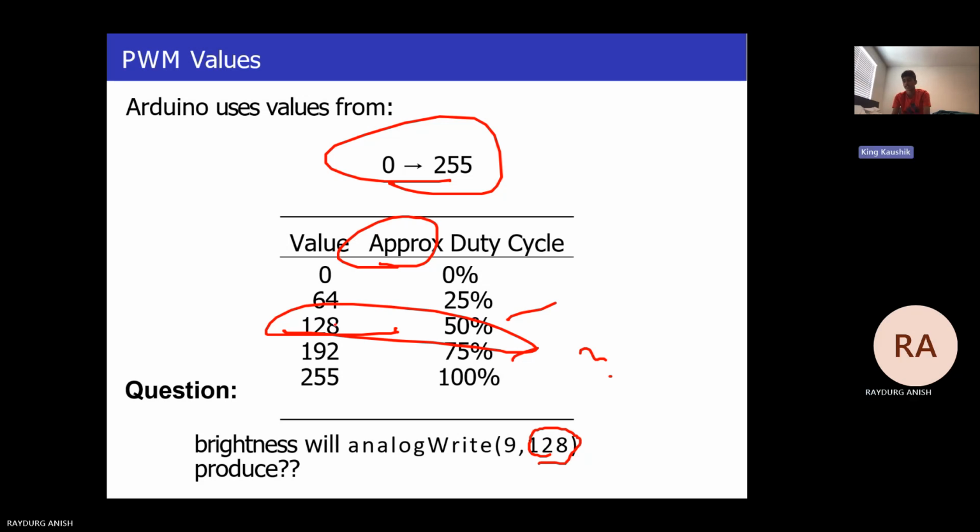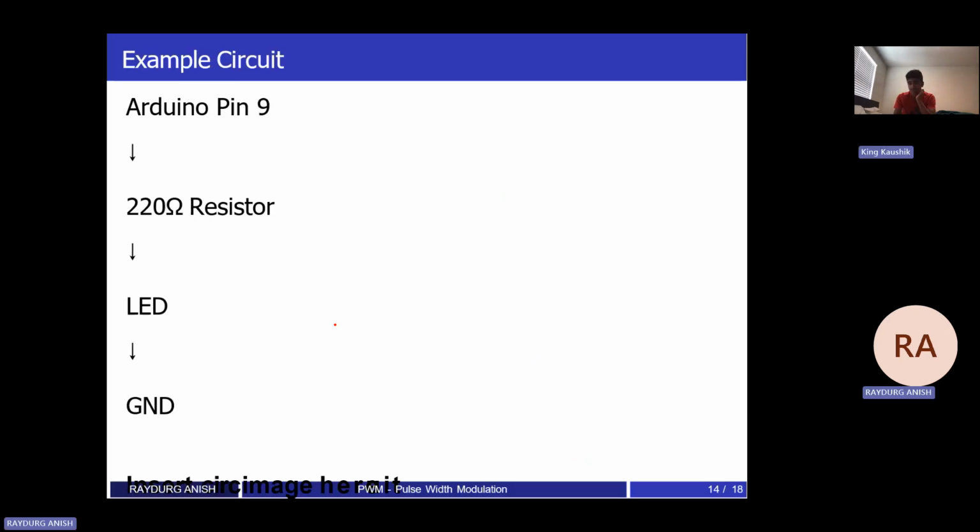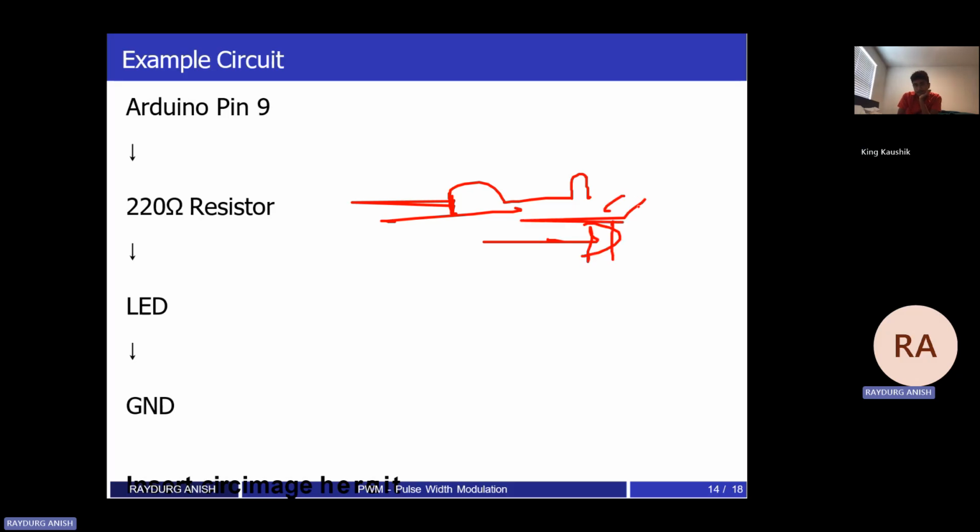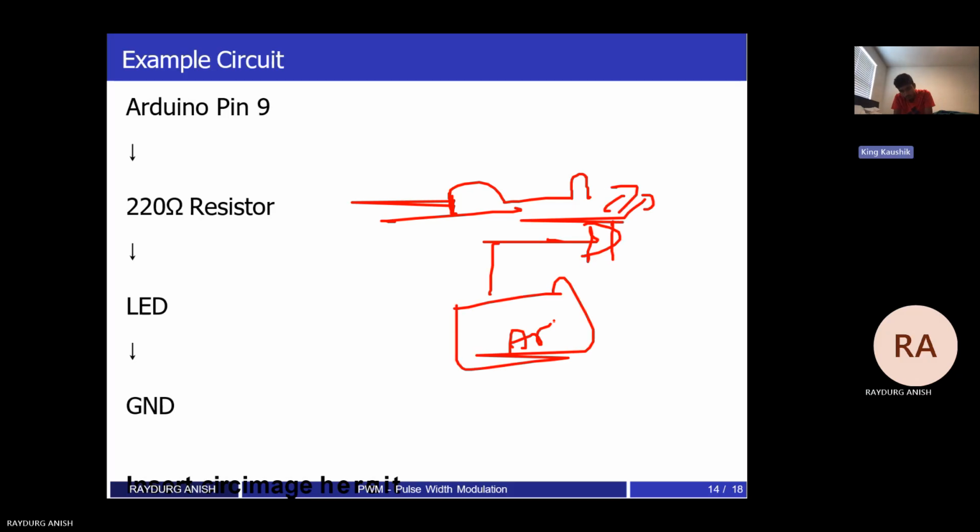Okay, fine. Now the homework: in the previous videos you connected the LED to the digital pins in the Arduino and turned it on, right?